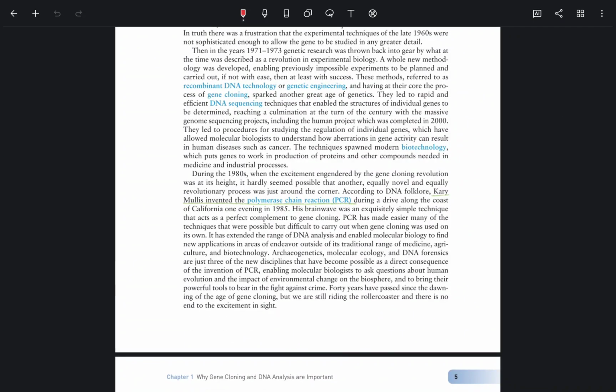They led to rapid and efficient DNA sequencing techniques that enabled the structures of individual genes to be determined, reaching a culmination at the turn of the century with the massive genome sequencing projects, including the Human Genome Project, which was completed in 2000.